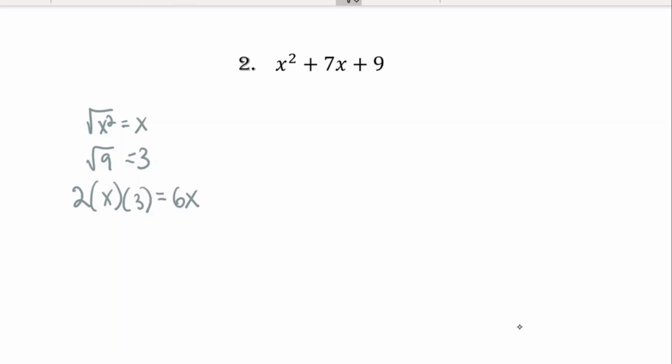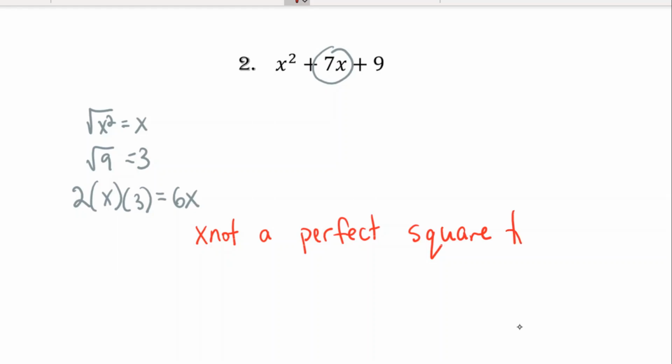So 6x is not the same as 7x. So this is not a perfect square trinomial. Now this may still be factorable, but we just can't use this technique.